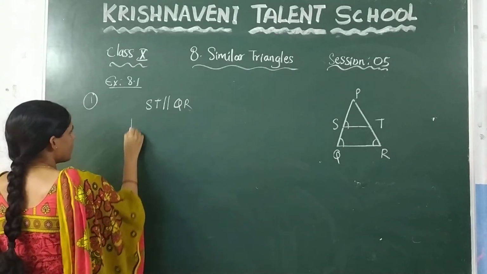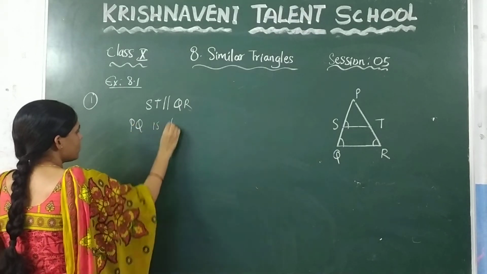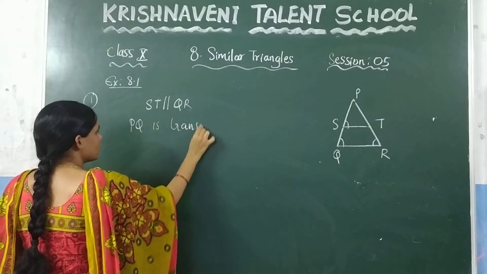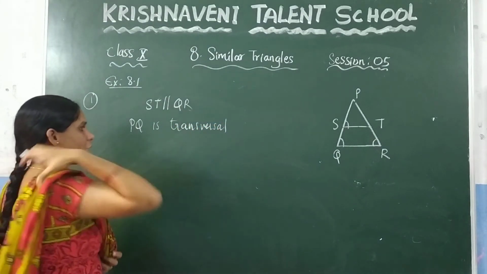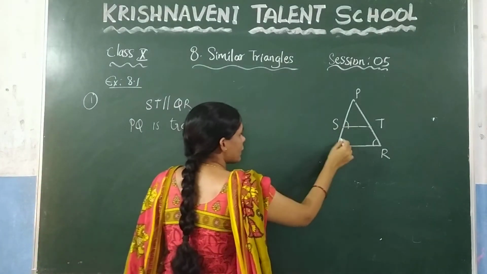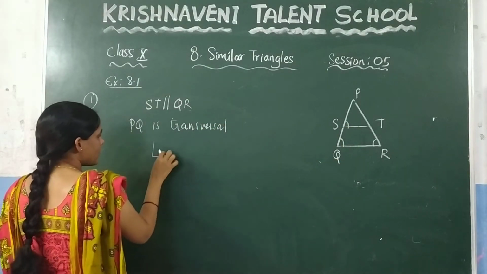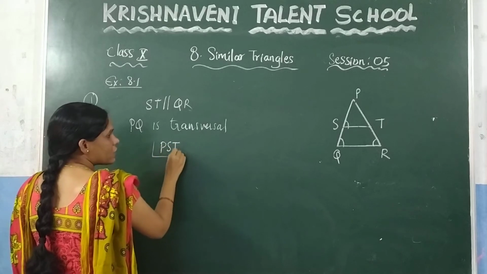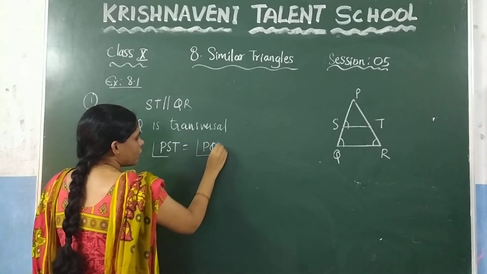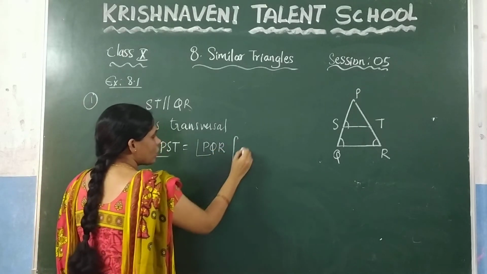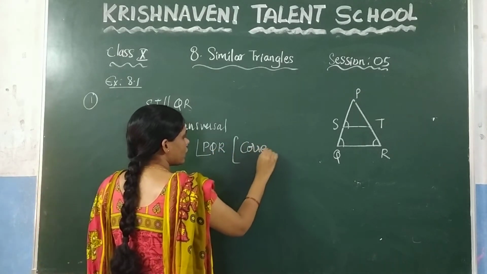So write it here: PQ is the transversal. And from that, we can conclude that these two angles are equal. What are those angles? Angle PST is equal to angle PQR. Why are these two angles equal? Because the corresponding angles are equal.